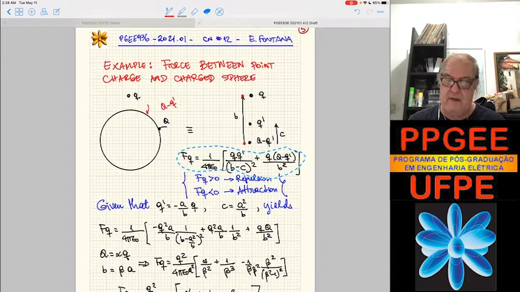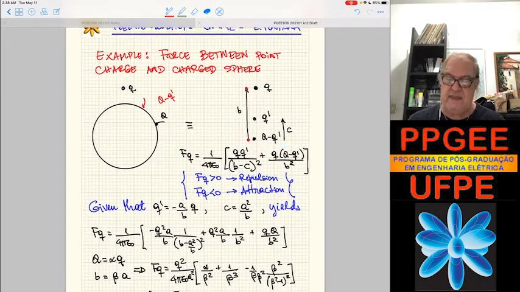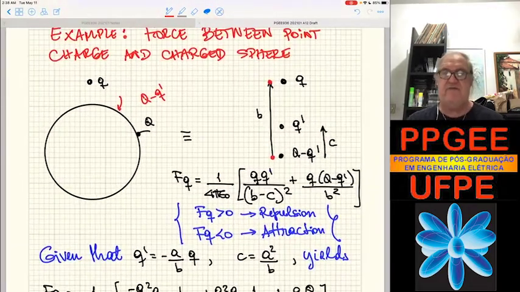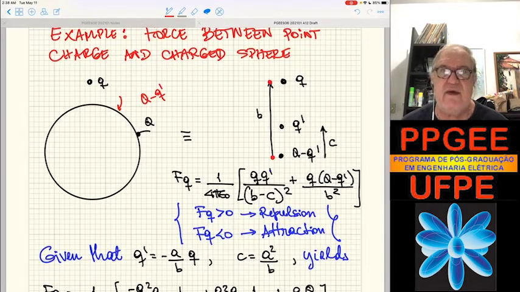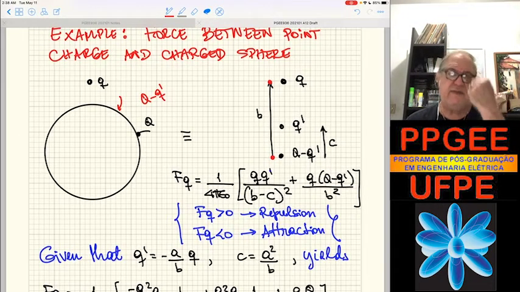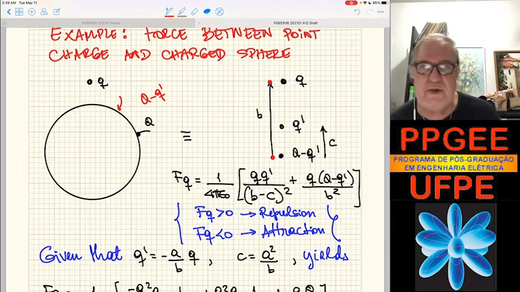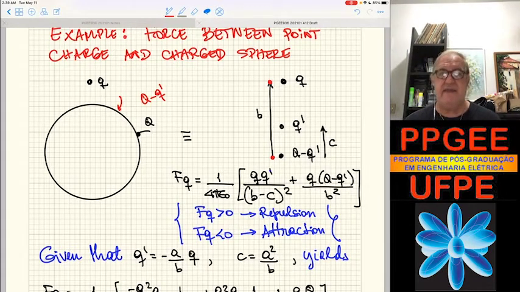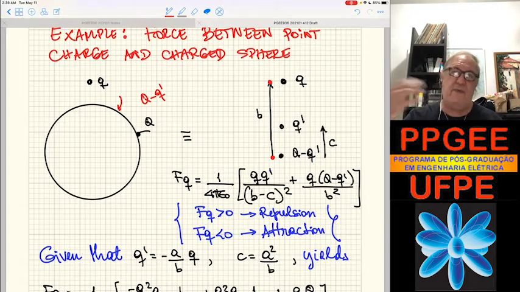But it's important to consider that this force points along the z-axis. So if the force is positive, you have a repulsion. If the force is negative, you have attraction. And we are going to analyze the force between the charged sphere and the point charge, whether they have the same sign or opposite signs.